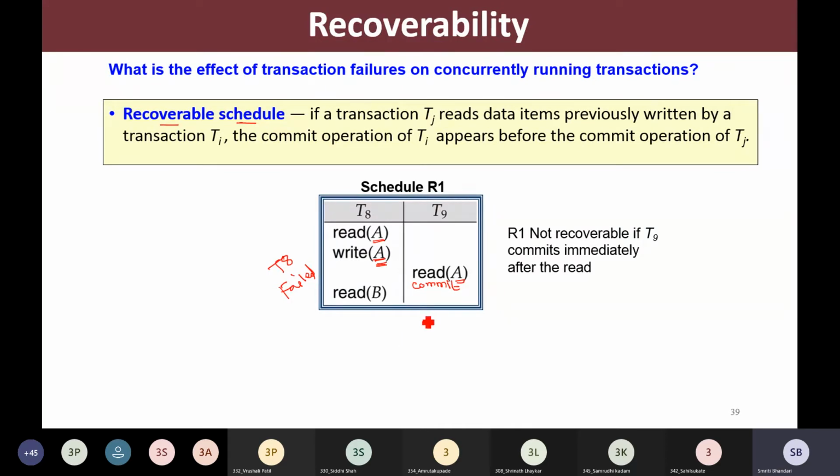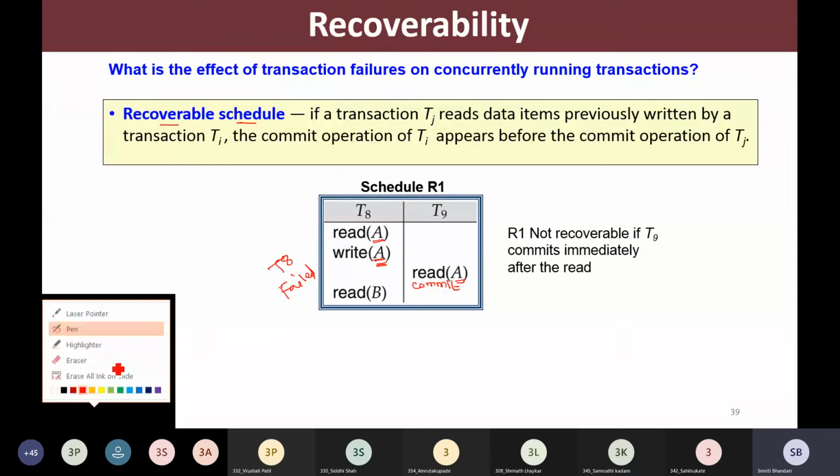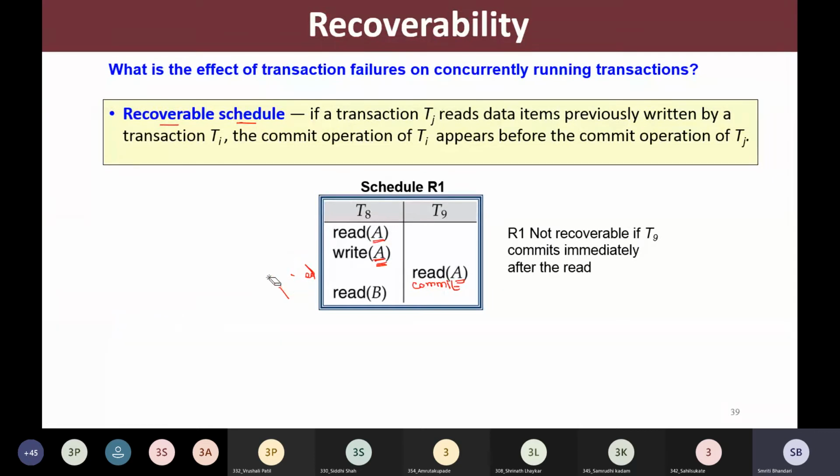If I have such a schedule, then my database may not be in a consistent state. So the recoverability condition says that if T9 is reading something which is written by T8, then T8 should commit first and only then T9 should commit.